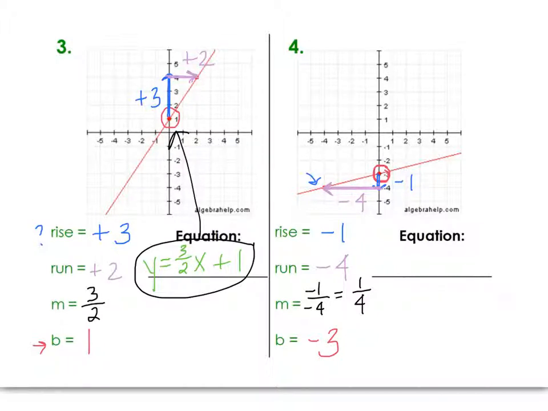So when I go to write my final equation of the line, I have y equals mx plus b, well, m is 1/4, x plus b, well, b is negative 3, so you could also write this y equals 1/4 x minus 3. And that is the equation of this line.